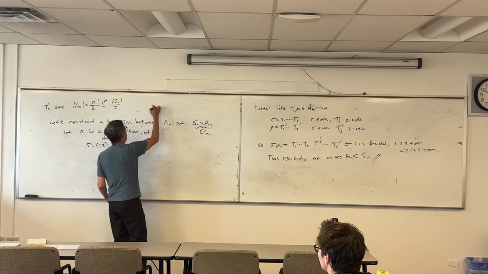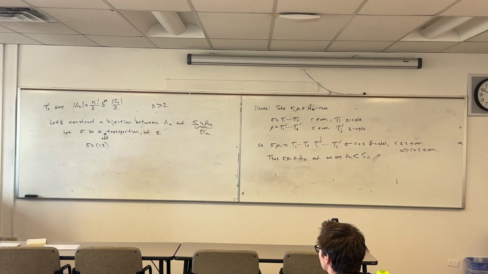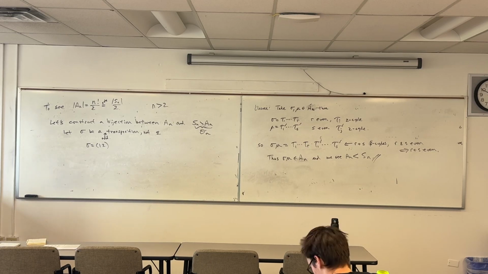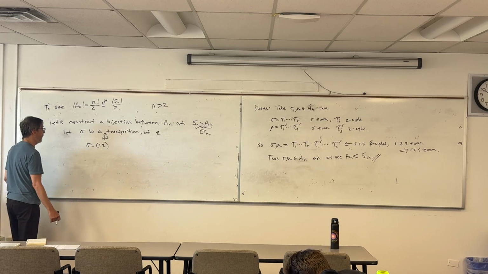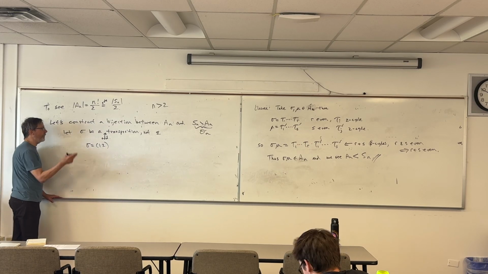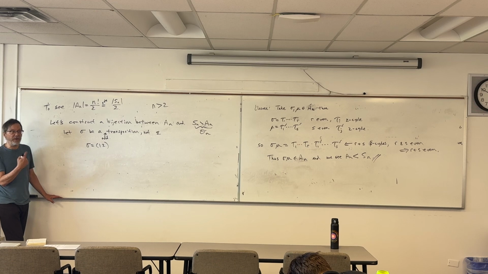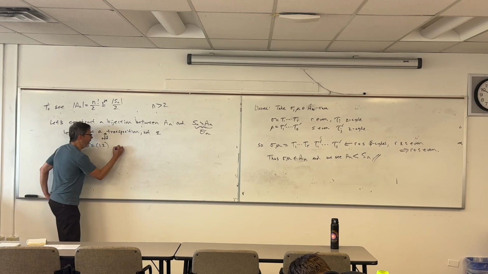If n is bigger than 2, then I'm safe. If n is 2, there's not much happening here, and if n is 1, there's even less. So I'm going to say sigma just flips 1 and 2. Is that even or odd? Odd, because there's only one transposition, so note this is odd.